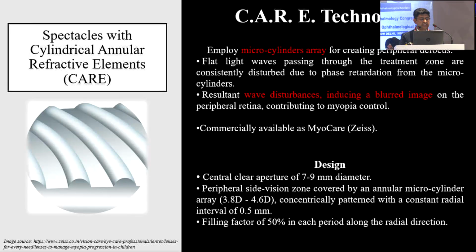Zeiss came out with a slightly different concept. They have these micro cylinder arrays. In all of these, 50% of the lens in that part is corrected for distance, and 50% of the area has the add. These are cylinders. So the cylindrical annular refractive segments go all around on the lens, and they result in wave differences inducing a blurred image in the peripheral retina, contributing to myopic control.